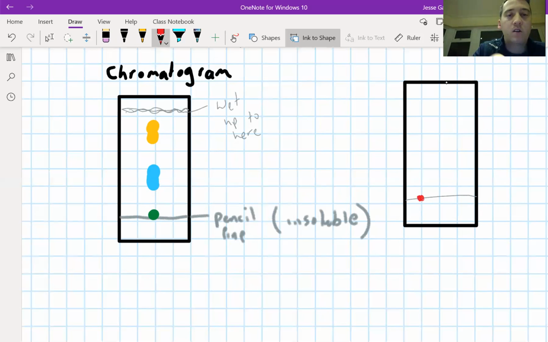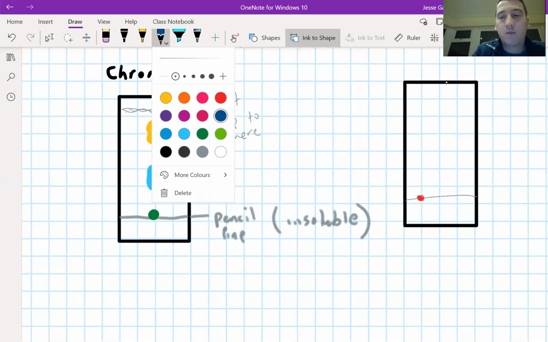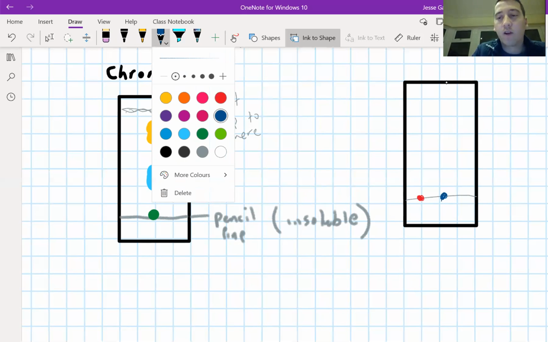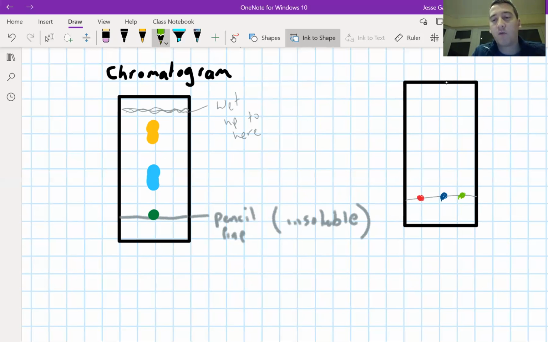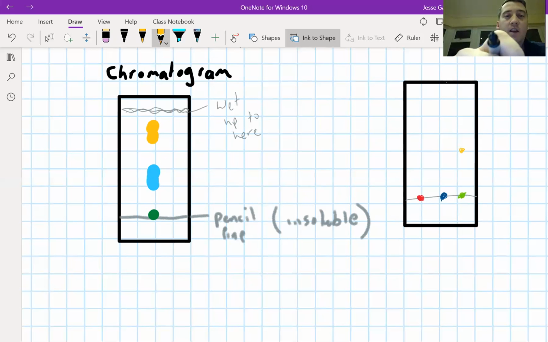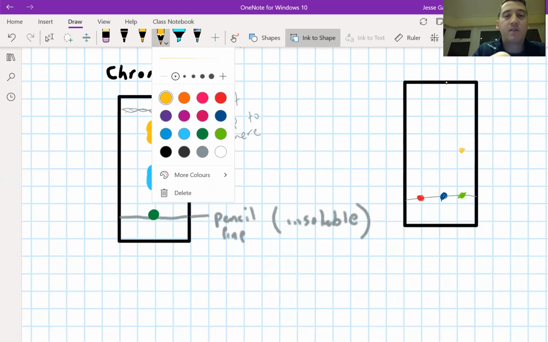I could put a blue ink spot there. And I could put a green ink spot there. I could put 4. I could put as many as I can fit on if I really want to. And then as they separate into their different colors, we can study them and compare them to see if any of them have the same colors in them.